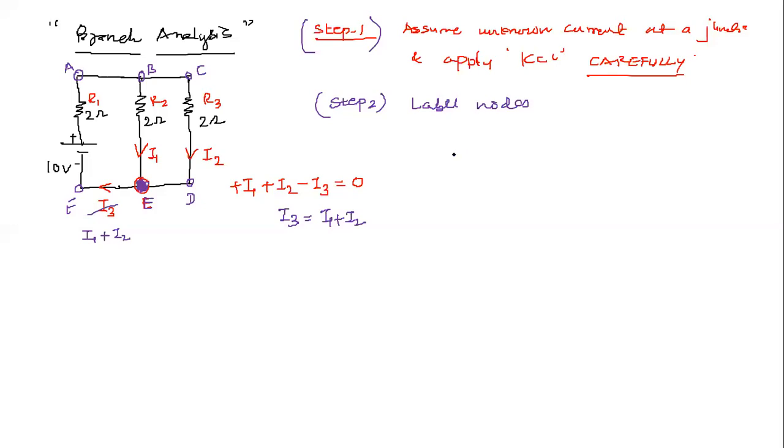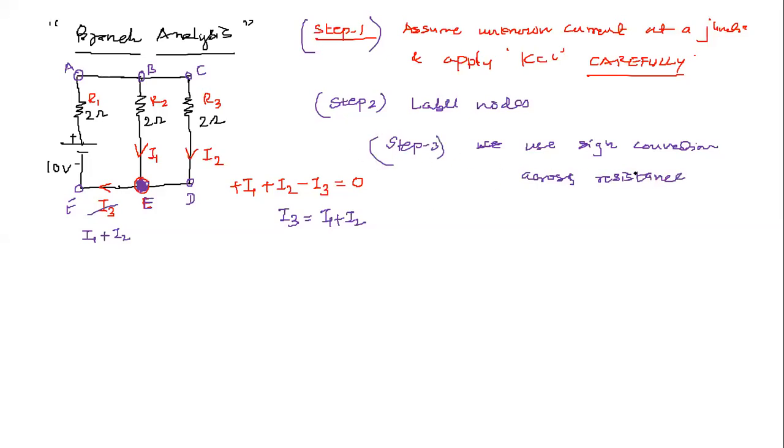After labeling the nodes, we need to use KVL sign convention, I forgot this step. Sign convention across resistances and the source, right? This is step 2.